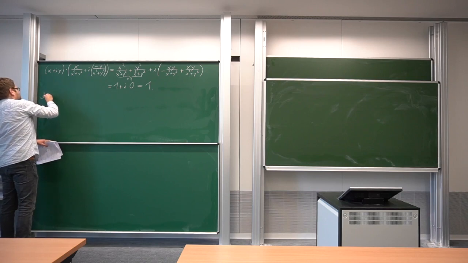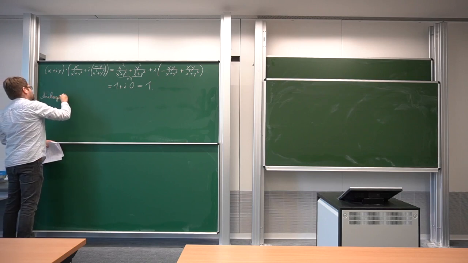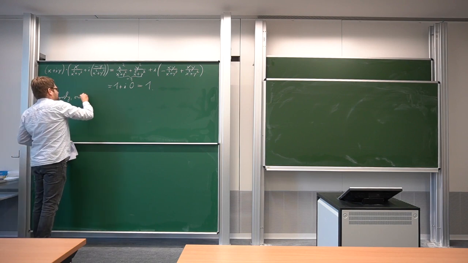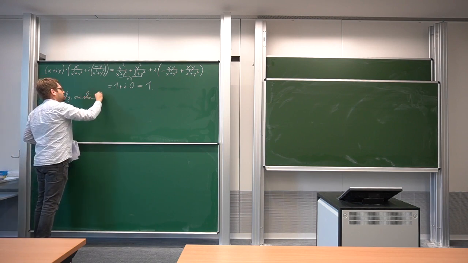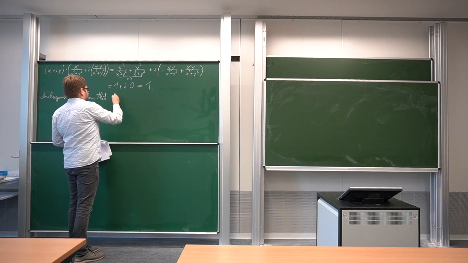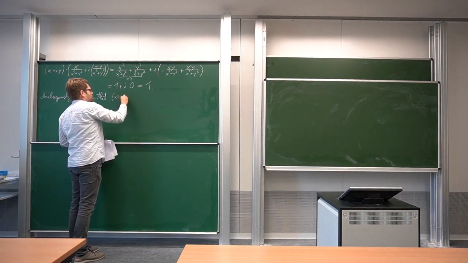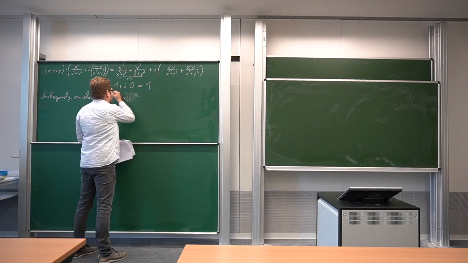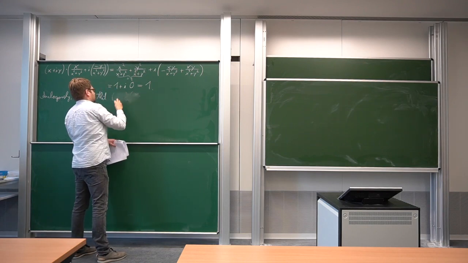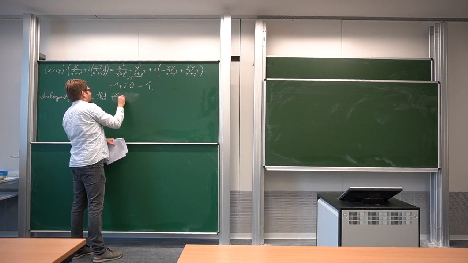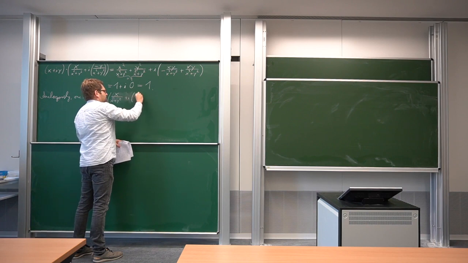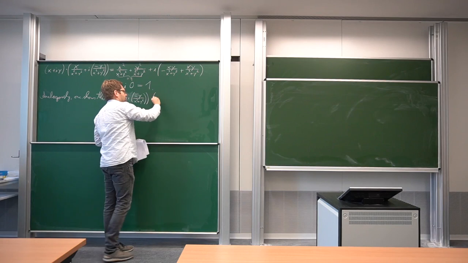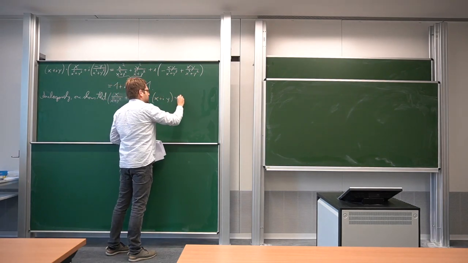So analogously, it's the same computation, one shows that x plus iy times the other way around, that is, x over x squared plus y squared plus I times minus y over x squared plus y squared, times x plus iy is 1.